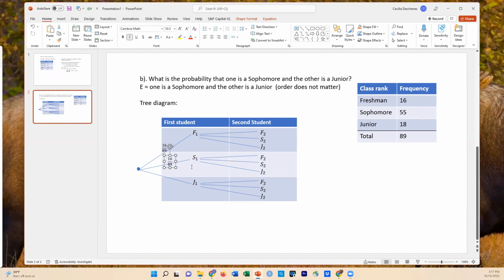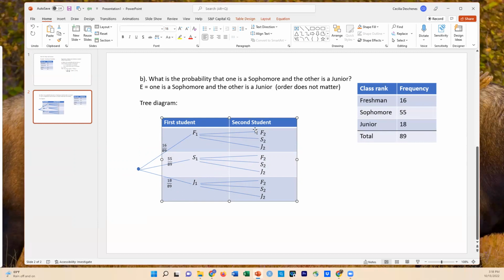And then when we're talking about the sophomore being chosen for the first student, we have 55 over 89, just like we did in part A. And then for the junior being chosen, it's 18 options out of 89.